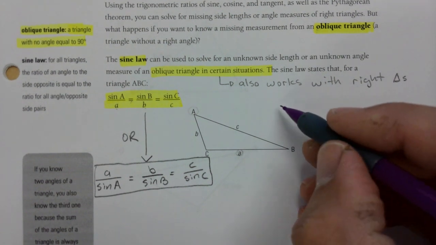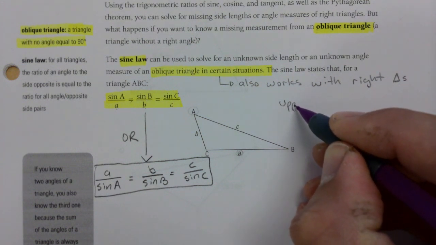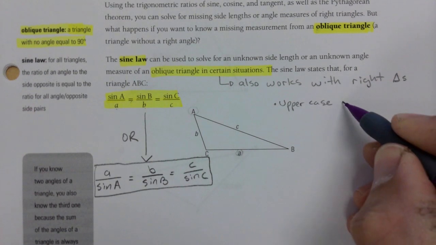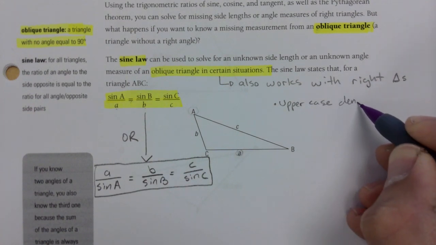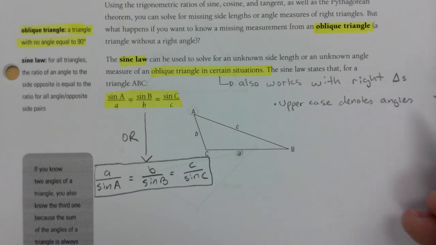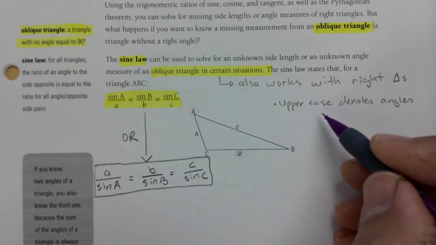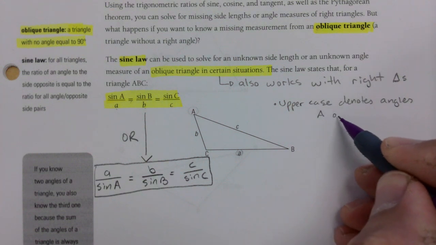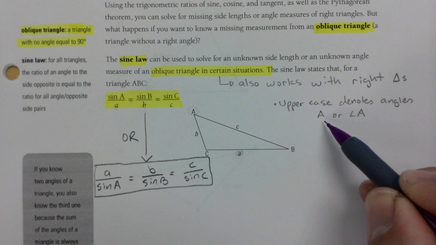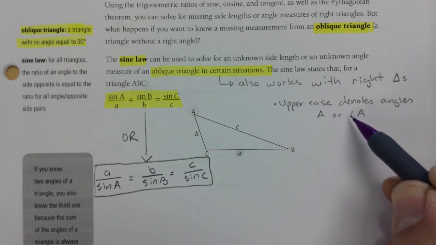Also note this. Uppercase denotes angles. You could have A or angle A. It doesn't matter. Sometimes they just use a capital. Sometimes they have that angle symbol in front of it.